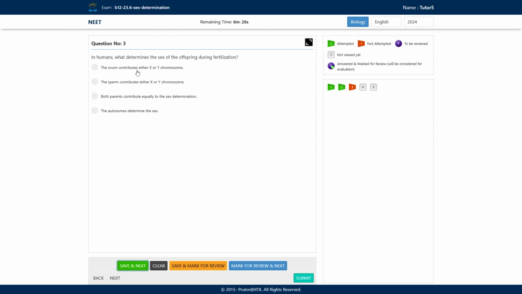So what are the options? The ovum contributes either X or Y chromosome. Next option, sperm contributes either X or Y chromosome. Next, third option is both parents contribute equally to the sex determination, and fourth is the autosome determines the sex.